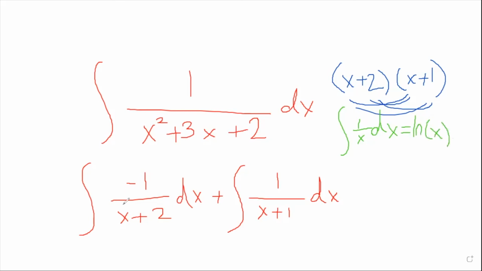What we can do is take out this negative, turn this into a plus, and move the negative over here. This is going to be the natural log of x plus 2, and this over here is going to be the natural log of x plus 1.